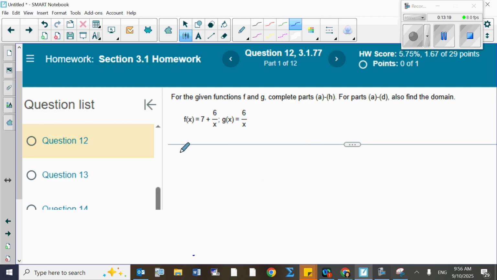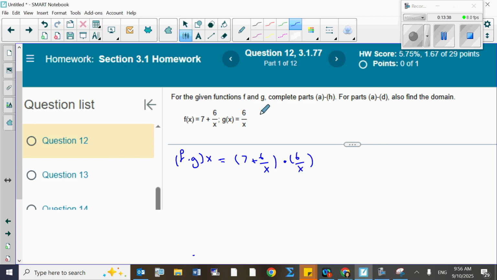Next, we want to find f times g of x. So you're just going to multiply these two functions by each other: 7 plus 6 over x times 6 over x.